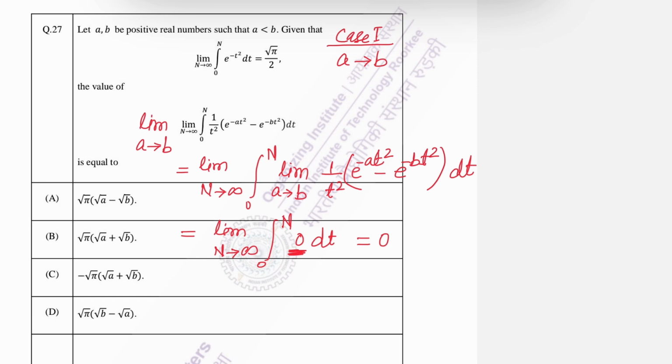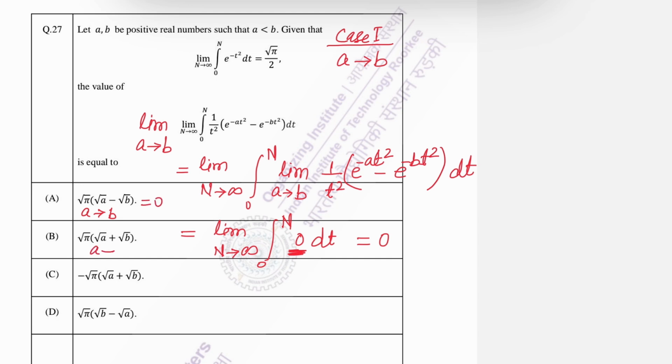So now we see the options, and you must tend A to B. If you get 0, then that may be your correct option. If you do here A tends to B, then it is 0.